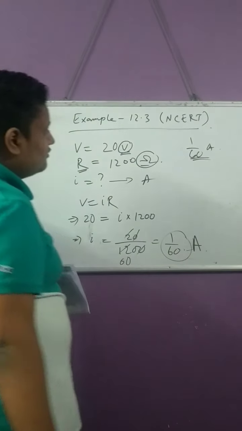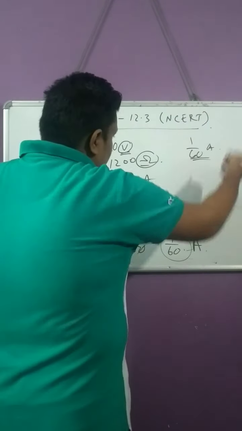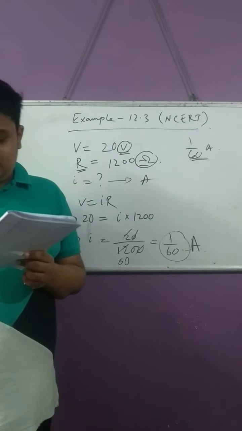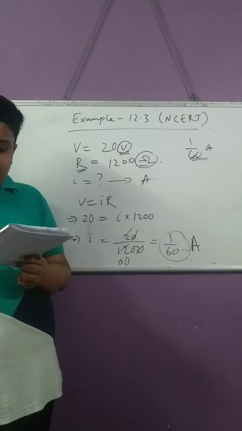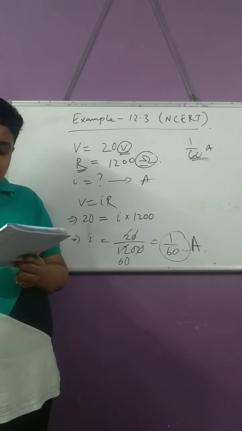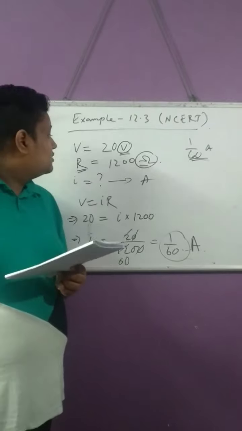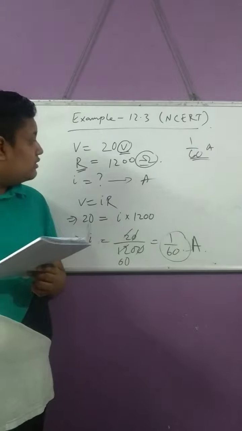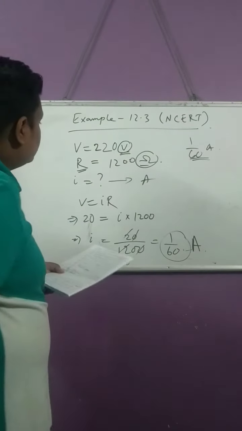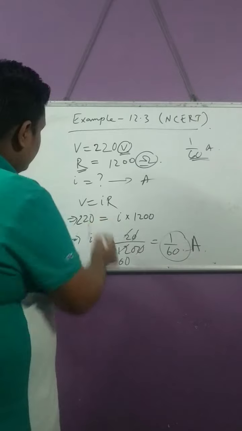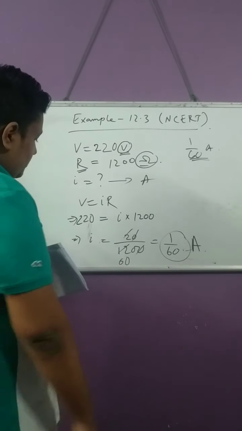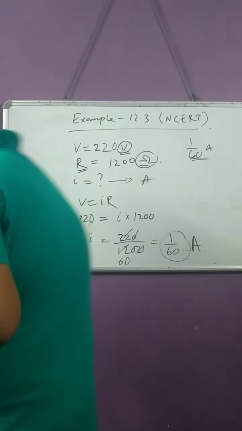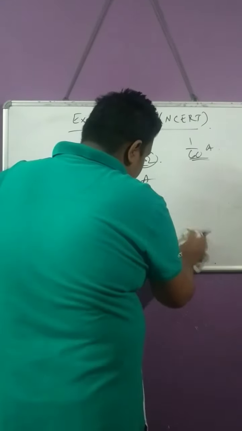Sorry, I am very sorry. It was 220 volt, so here it will be 220, and here also it will be 220. So it will not be 1 by 60. I am very sorry.